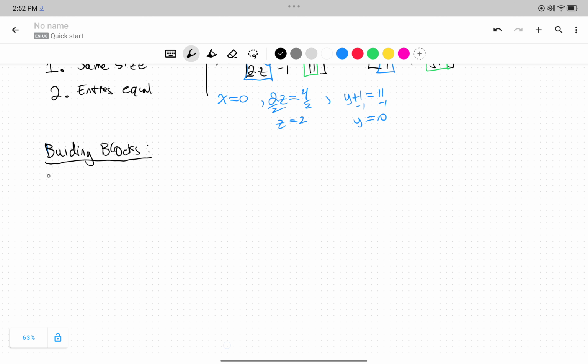The first one is going to be called a row matrix. Then a column matrix. Then a square matrix.